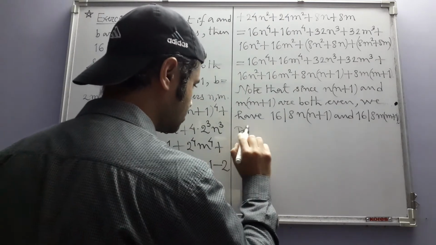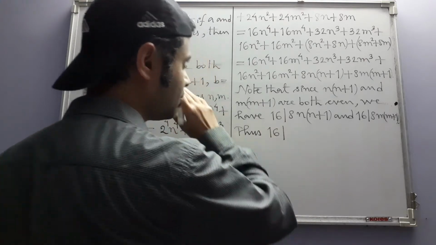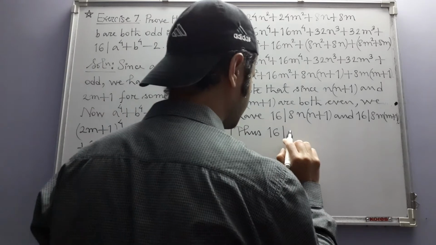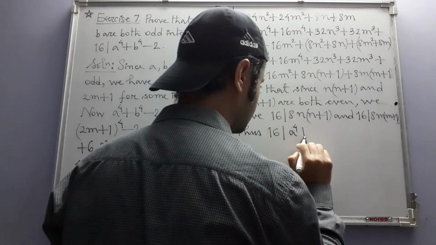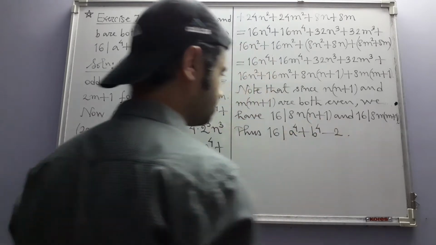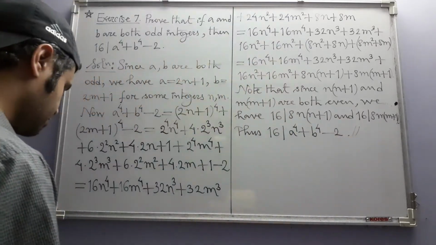Thus 16 divides this entire thing, that means 16 divides this. Okay, so here the solution ends.